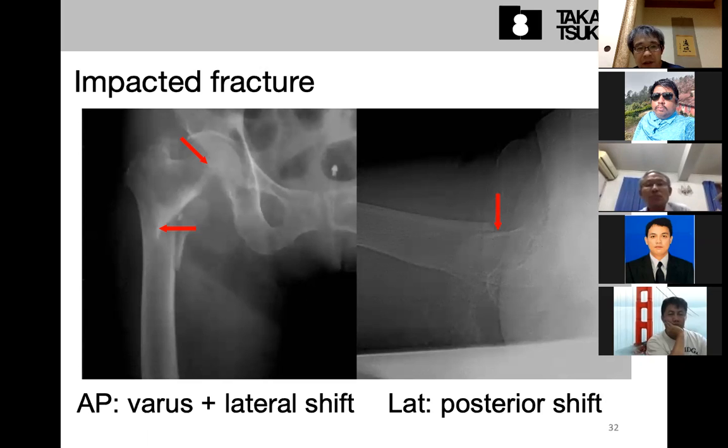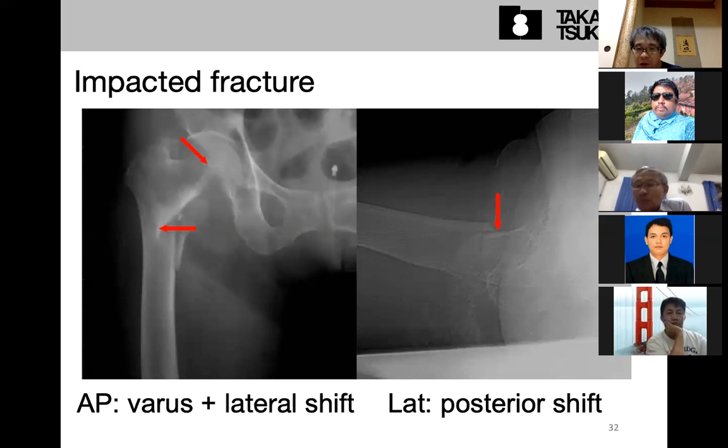It is really, really risky. Even though this fracture type is classified as a two-part fracture, many surgeons believe that a two-fragment, two-part fracture is stable and easy to treat.